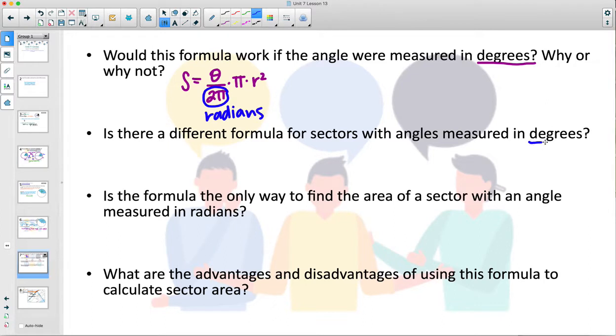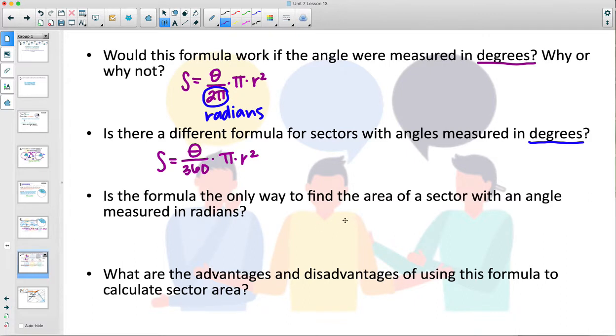If we wanted to do it for degrees, we certainly could substitute in that when we're comparing a degree angle to the whole circle, this should be 360 times pi times the radius squared. So we're doing part of our angle out of 360 if it's measured in degrees, or part of it out of 2 pi when it's measured in radians. This one just wouldn't have anything simplify out like the radians did.